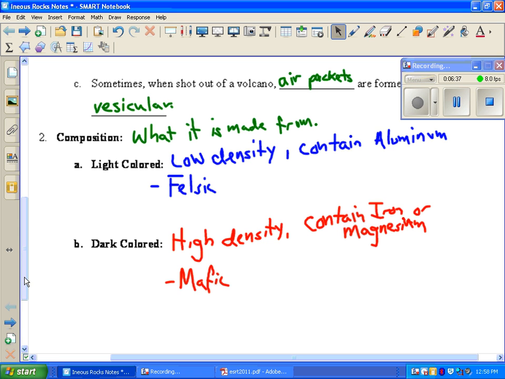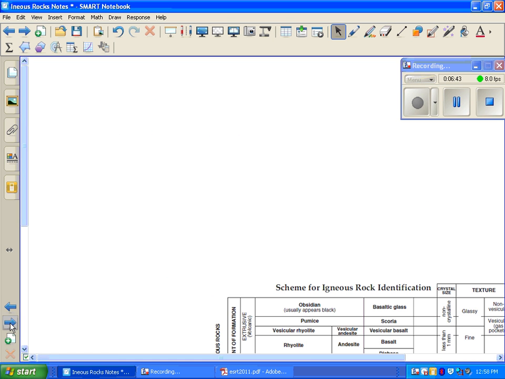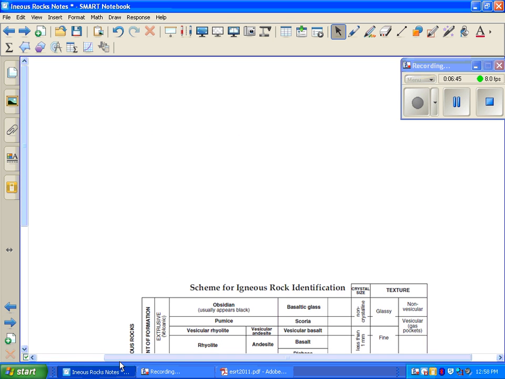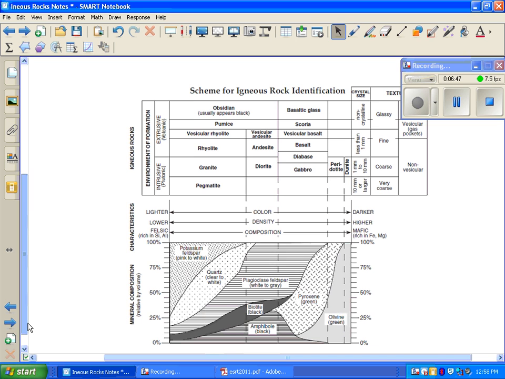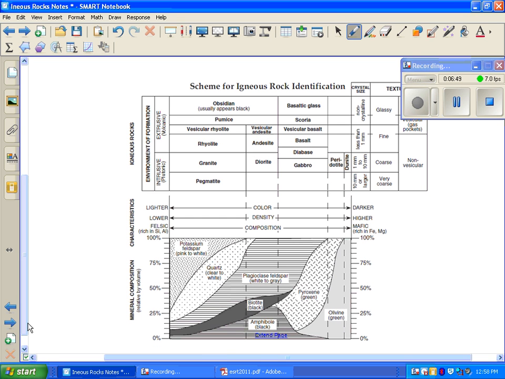Again, a couple of vocabulary words, felsic and mafic, but you don't have to memorize those necessarily either because, again, they are on the reference table. If I look here, on the left side are felsic rocks, and they're lighter colored and lower density, so you don't have to memorize that.